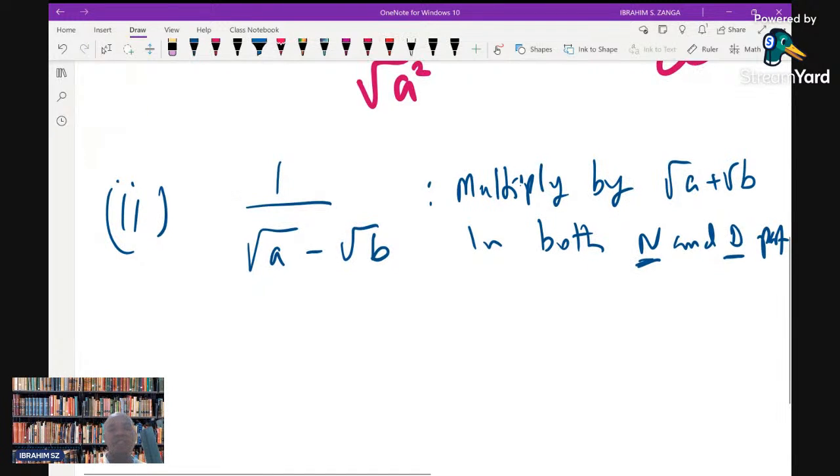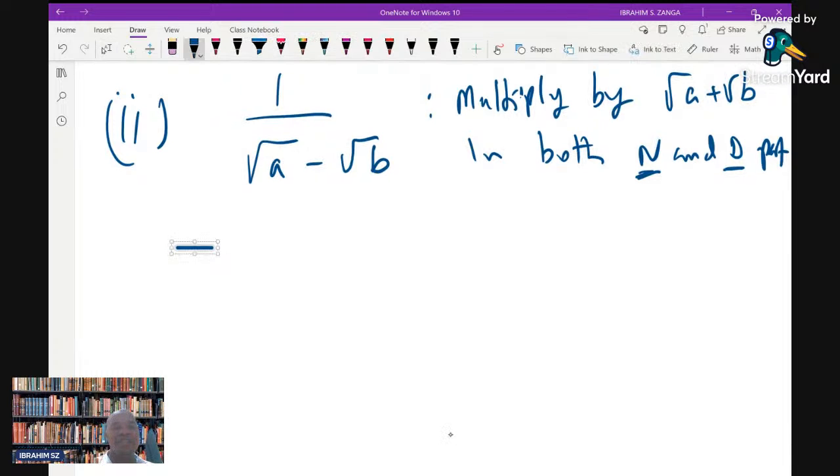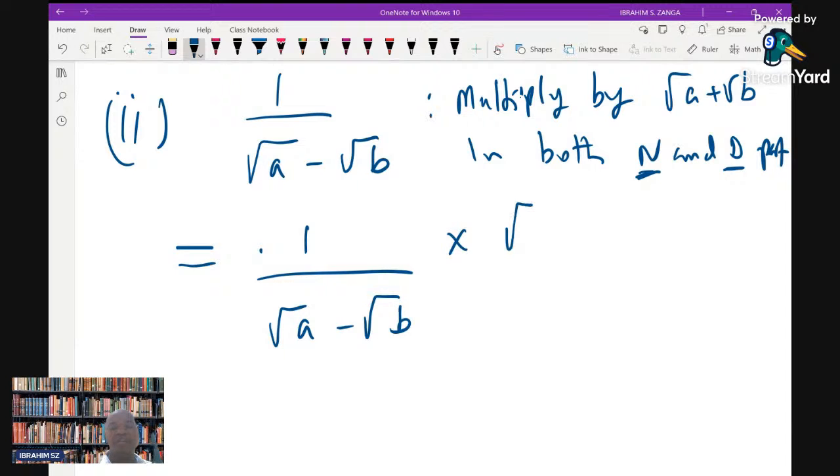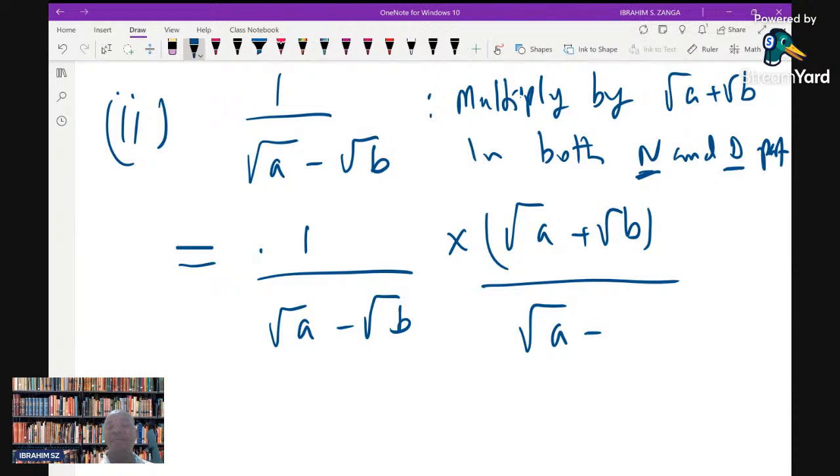So how are we going to do it? We are going to say that this is equal to 1 over square root of a minus square root of b multiplied by square root of a plus square root of b divided by square root of a plus square root of b.